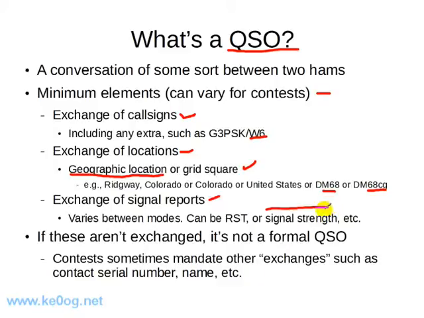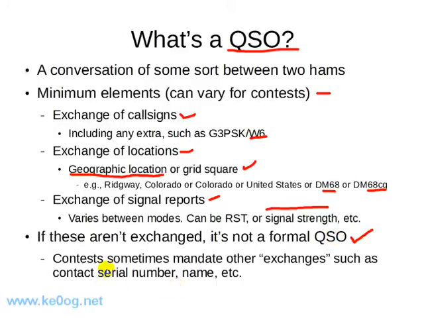Now, the key thing to remember is if we do not exchange these things, it doesn't count as a formal QSO. So you have a QSO with somebody, he never tells you where he is, or exchanging signal reports. It's a fun on-the-air conversation, but it's not generally considered to be a loggable QSO.